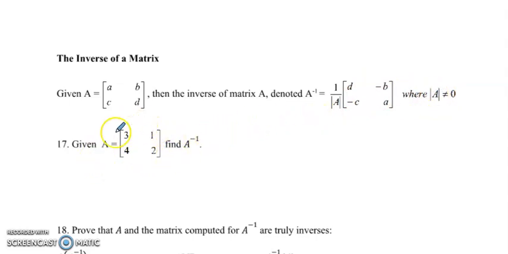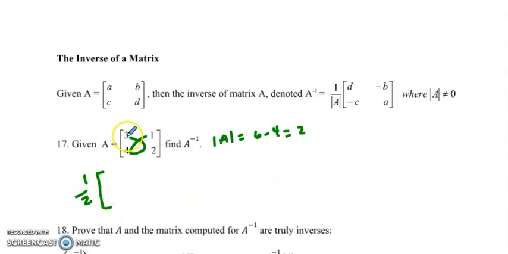So we can go ahead and try to find the inverse of this matrix A in number 17 by hand. So let's go ahead first and find the determinant. Remember, we do 3 times 2 minus 4 times 1. So the determinant of A, 3 times 2 is 6, minus 4 times 1. So the determinant is 2. So I'm going to have 1 over 2.